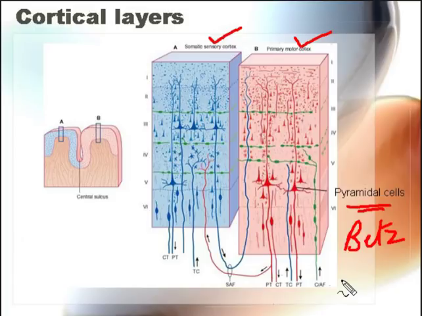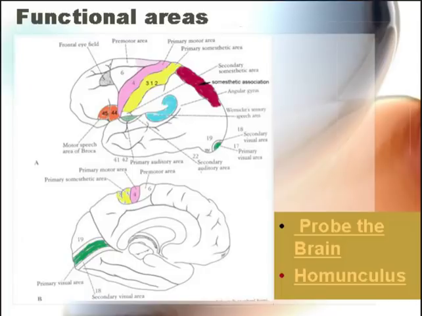Now here I am showing you the functional areas and the numbers that we assign to them. The primary motor area, you can see here, is given Brodmann's number 4. The primary somesthetic or sensory area is areas 3, 1, 2. The motor speech area, which is also called Broca's area, is responsible for how you speak.